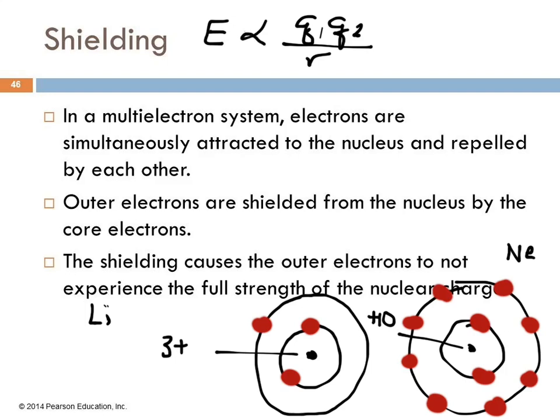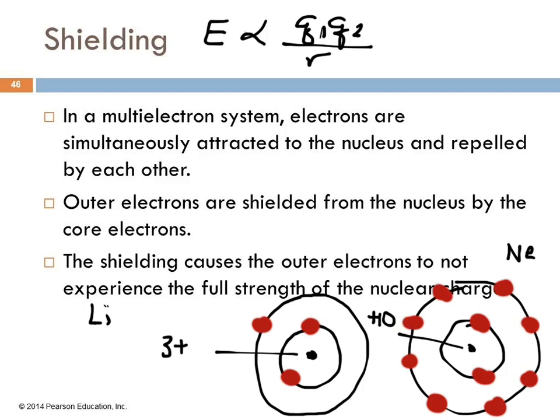The potential energy of attraction or repulsion is proportional to the charges on the two objects, and it's inversely proportional to the distance between them. So here, let's just look at charges. This electron is experiencing a +1 attraction. These electrons are experiencing a +8.